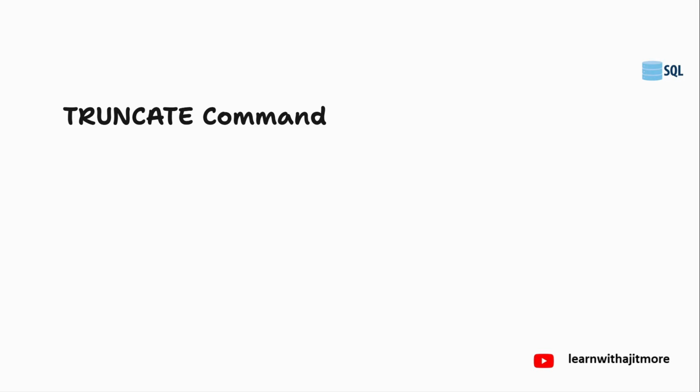What truncate does, it will delete all the records from your table and only keep the structure of your table. Means the table will exist. Only the records from the table are deleted. Get it? So truncate and the name of the table. Truncate table and the name of the table. Simply, it is going to delete all the records from the table, but the structure of the table will exist.